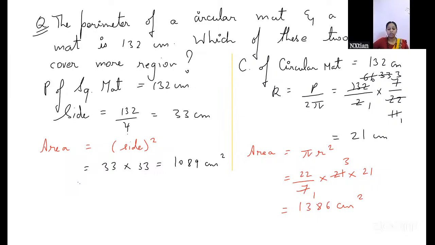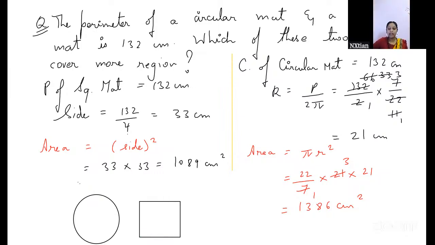Look, once again, I'll explain to you all from the start what we did. The question says that we have the perimeter, of a circular mat and a square mat.